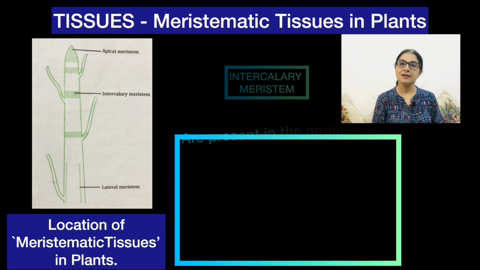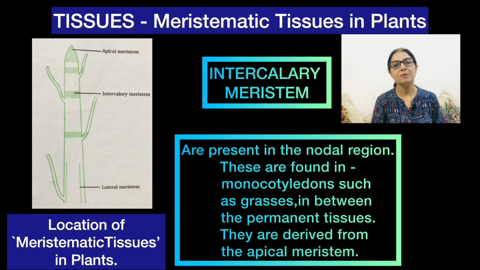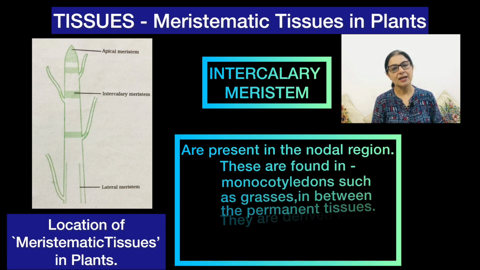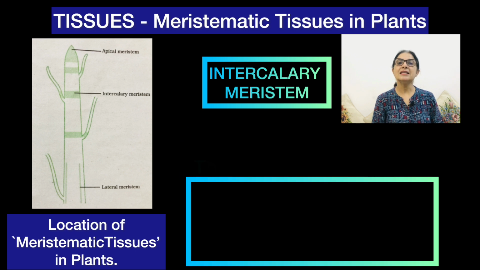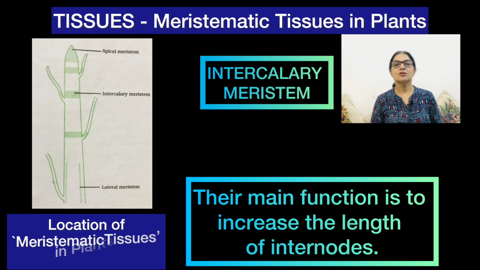Now coming to the third type of meristem, the intercalary meristem. This meristem helps in the growth of the leaves, twigs, and branches, and it is present at the base of the leaves, at the nodes, and at the internodes, and it helps in the growth of the internodal region. So what is a node?